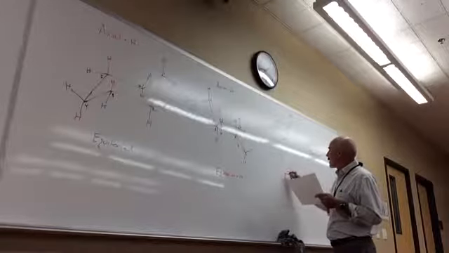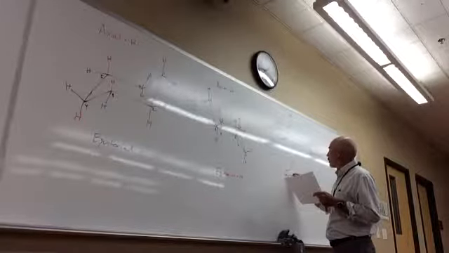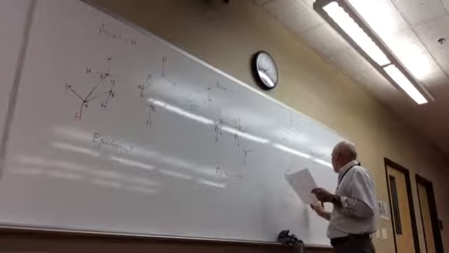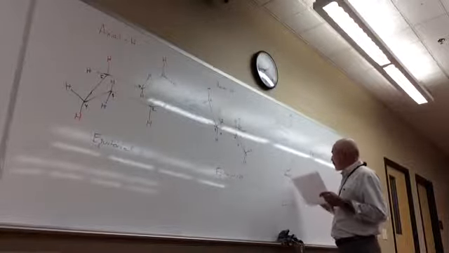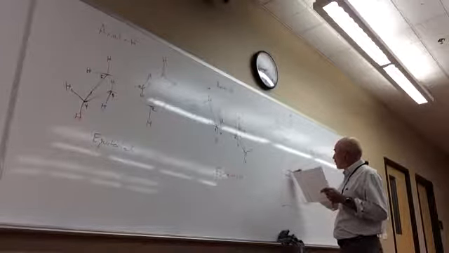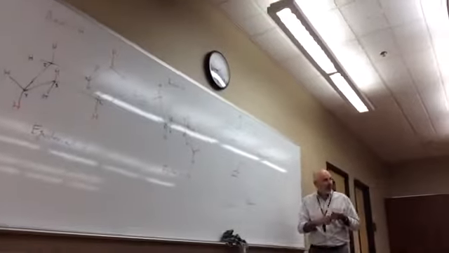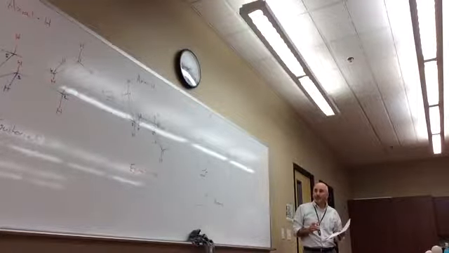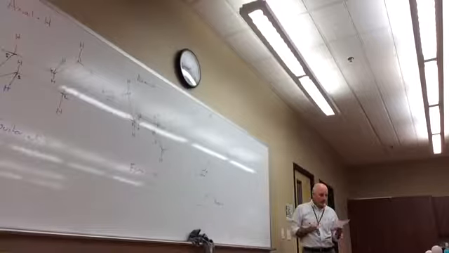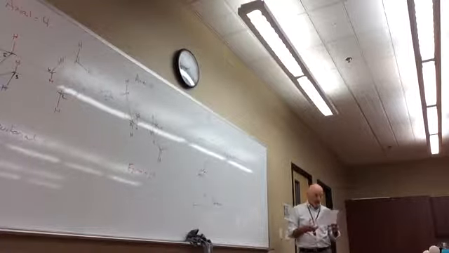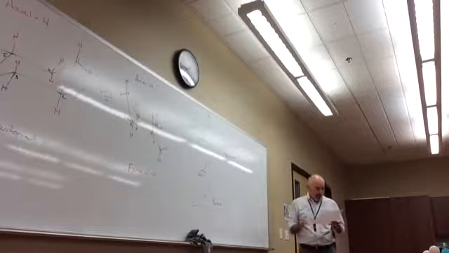This is the axial, and this is the equatorial. So there's some energy difference between axial and equatorial. Okay? There's an energy difference between them. And we chart this out.